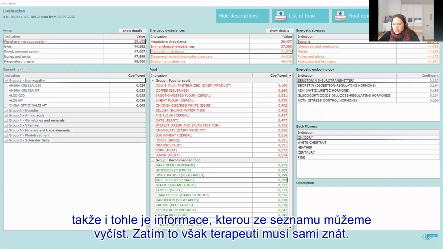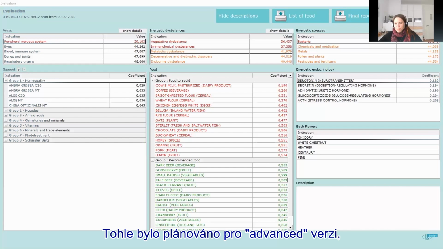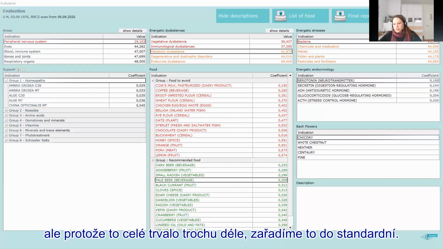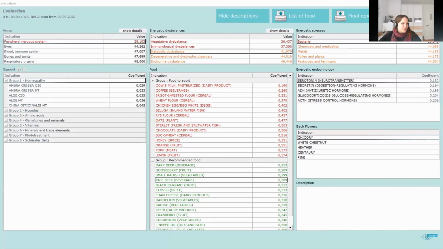But at the moment the therapists have to know this on their own. We will put it into the description in the future to make it easier to use. This was planned for the advanced system, but because it takes a little bit longer to do, we will do it for the standard already. I think this is the most important in this.